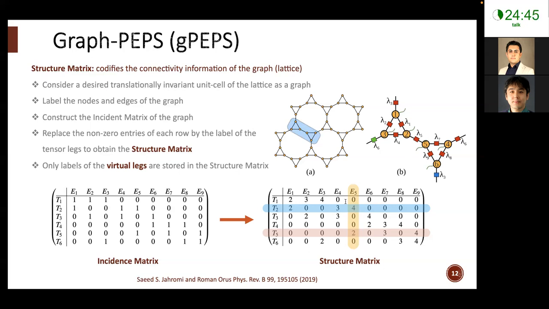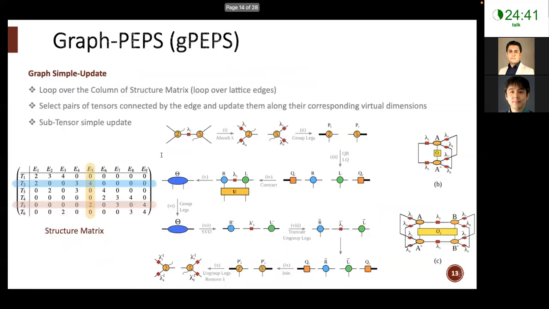So when you have the full structure matrix, you can forget about the lattice geometry. You just loop over the columns of the structure matrix and then select pairs of tensors along their designated legs, and then you can apply the different updates.